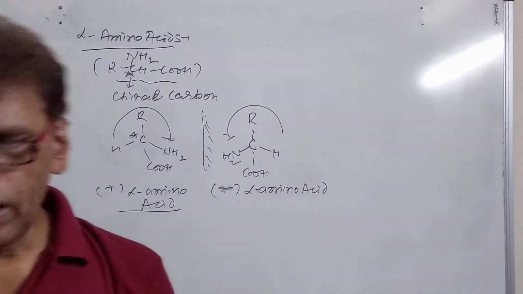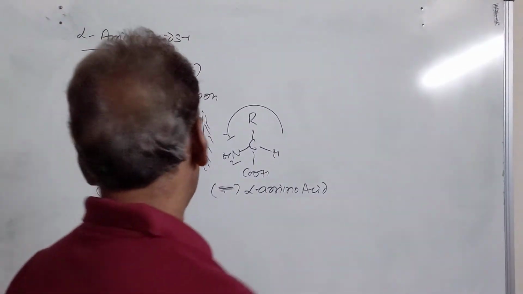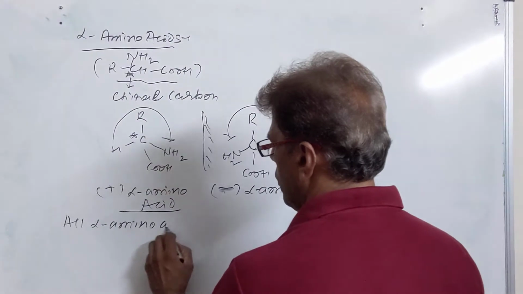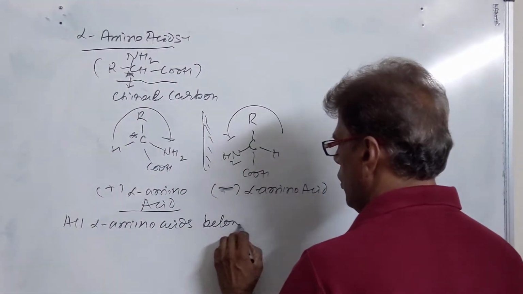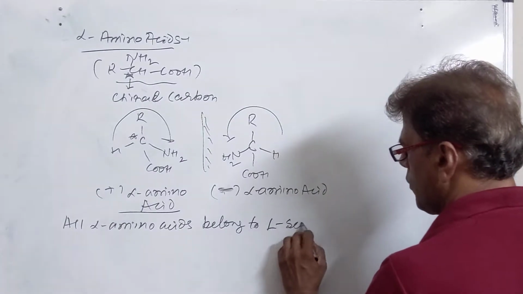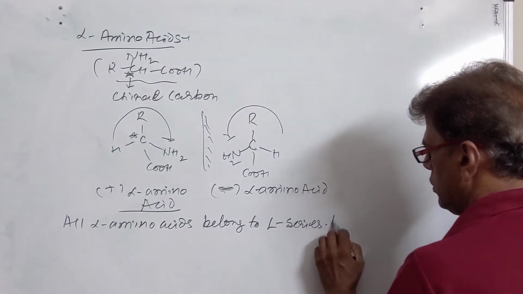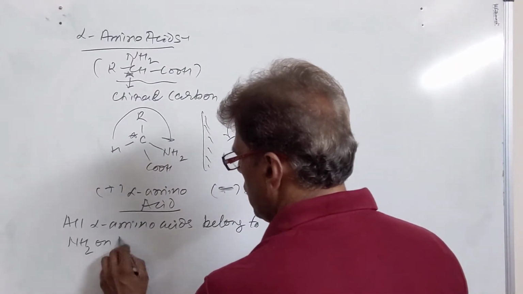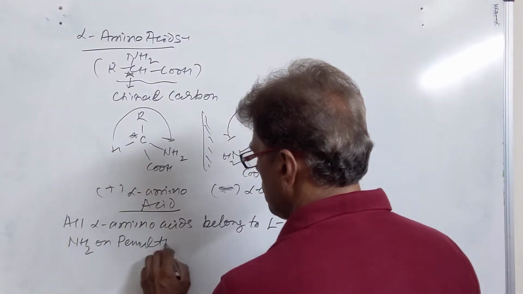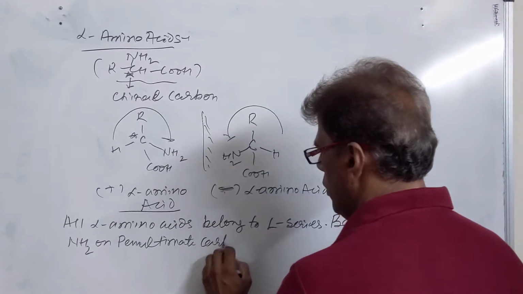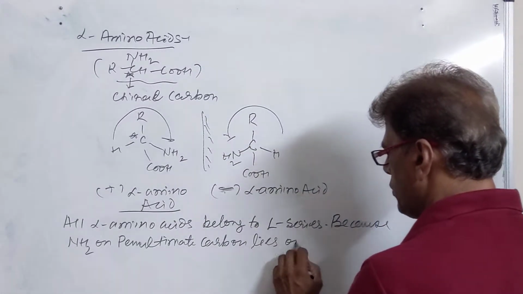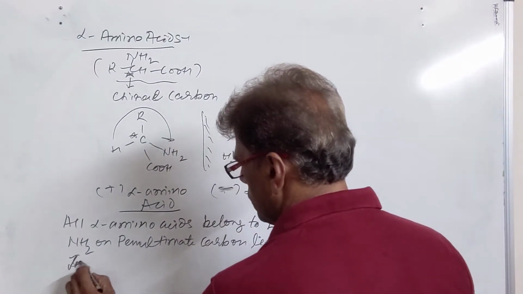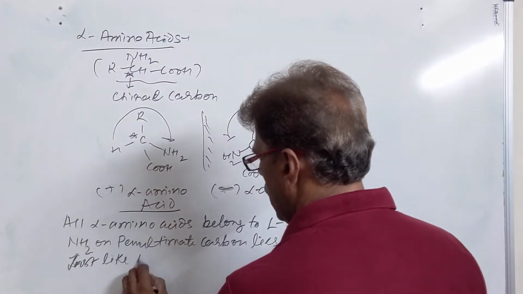So coming to the class of alpha amino acids, all alpha amino acids belong to L series, because the NH2 group on the penultimate carbon lies on the left hand side, just like L-glyceraldehyde.